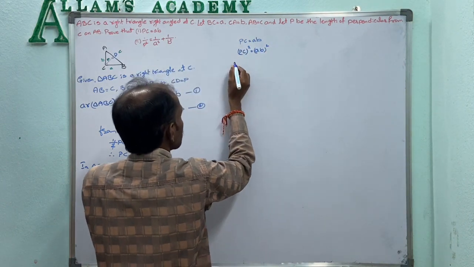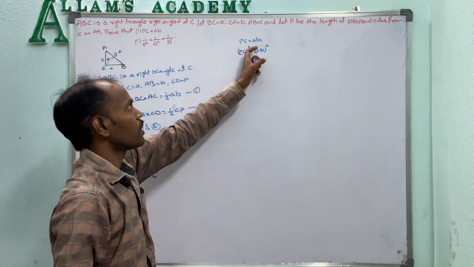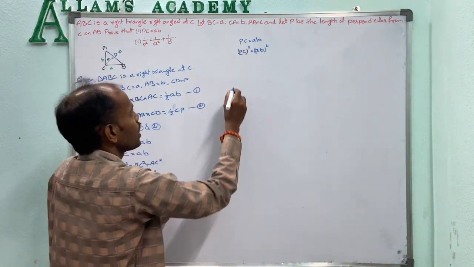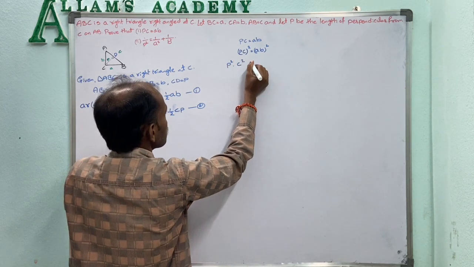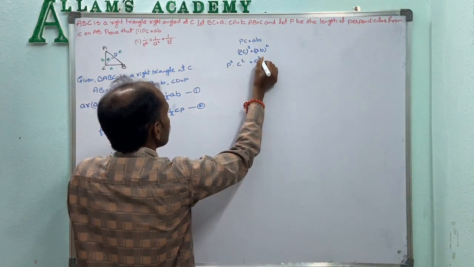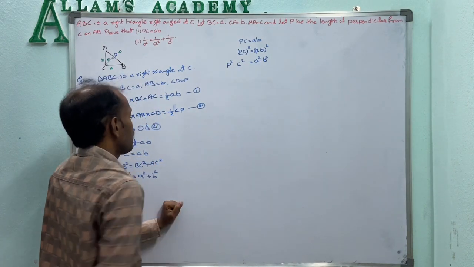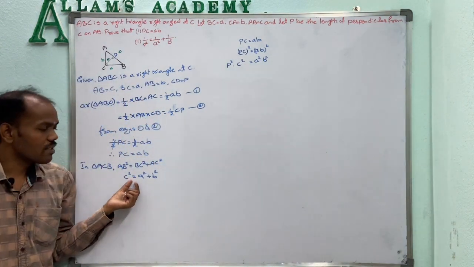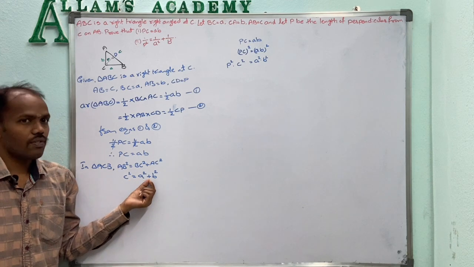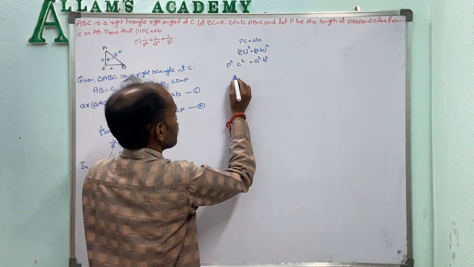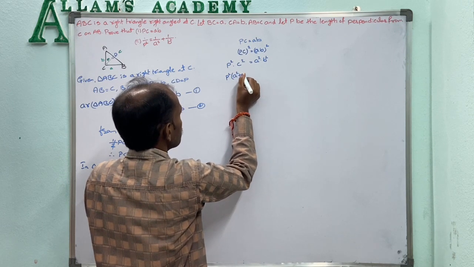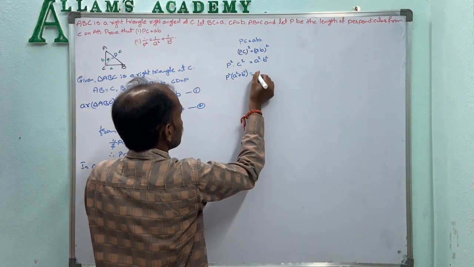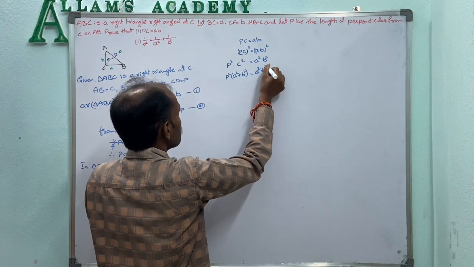Using the principle that A B whole power m equal to A power m into B power m, P square into C square equal to A square into B square. Now we know C square equals A square plus B square, so we write P square into A square plus B square equal to A square B square.